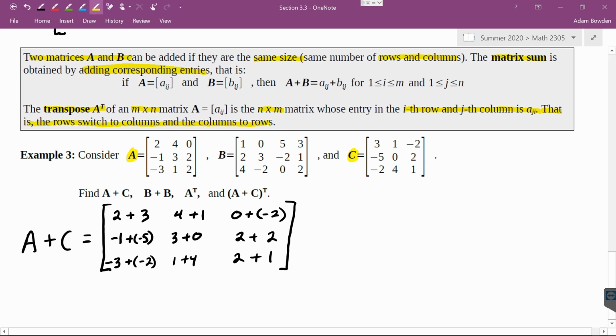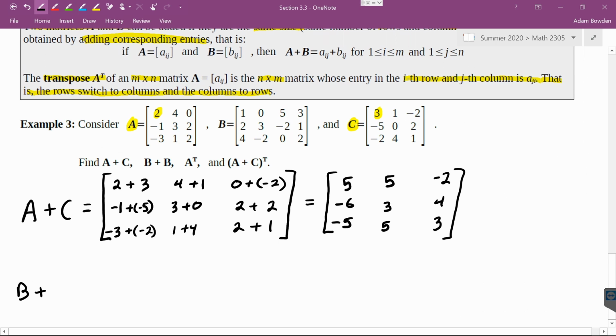Again, I just took each number from A and added it with the corresponding entry from C. When I put those numbers together, we get 5, negative 6, negative 5 down the first column, 5, 3, 5, negative 2, 4, 3.